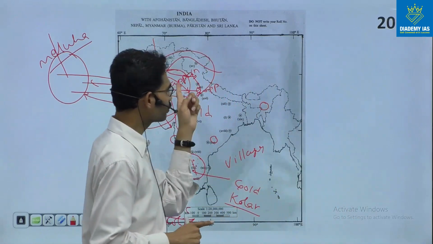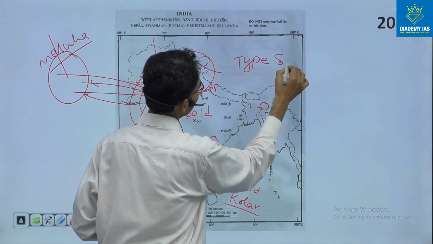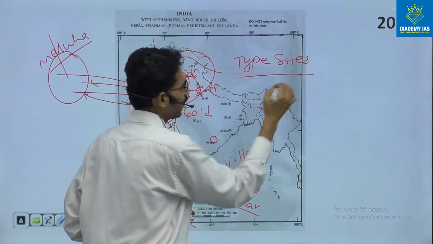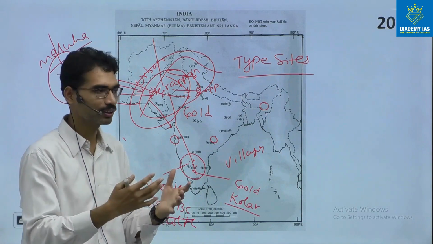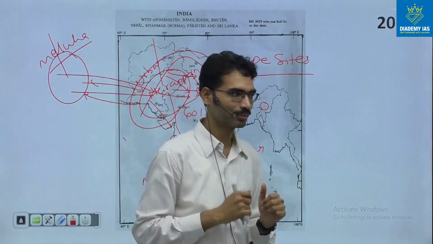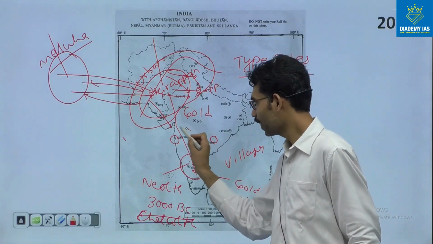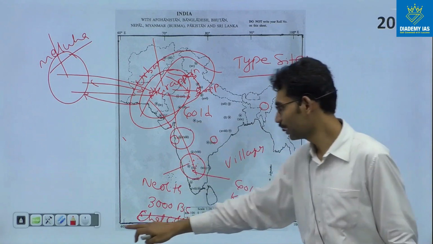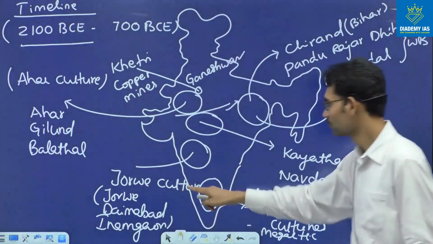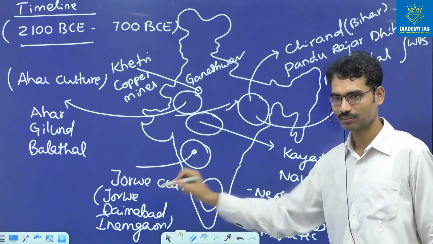These type of sites we call type sites. Type sites means the first site which we discover, we give that particular name to the entire culture. This is the same reason we are calling Jorvi culture, because Jorvi is a type site.